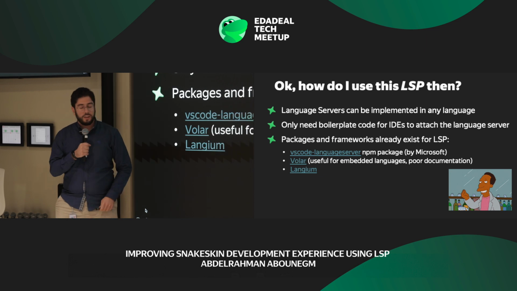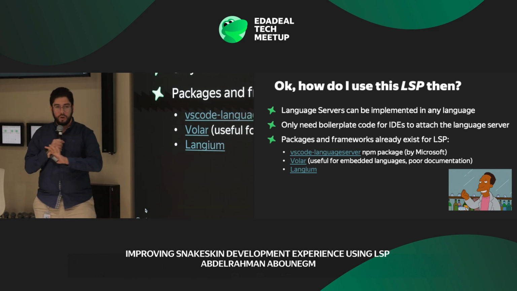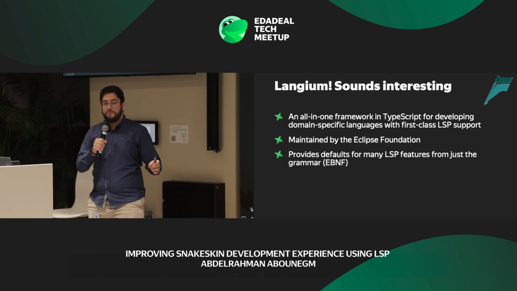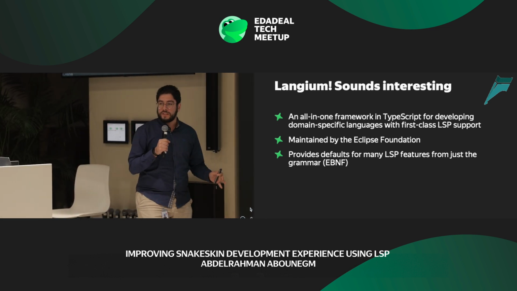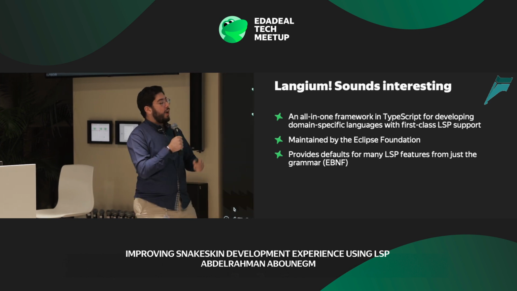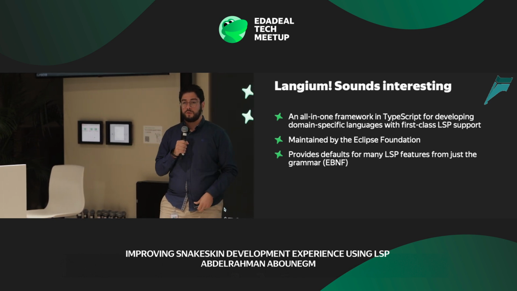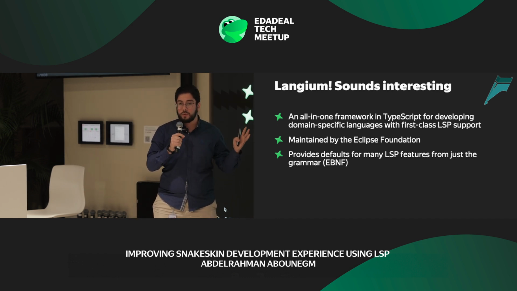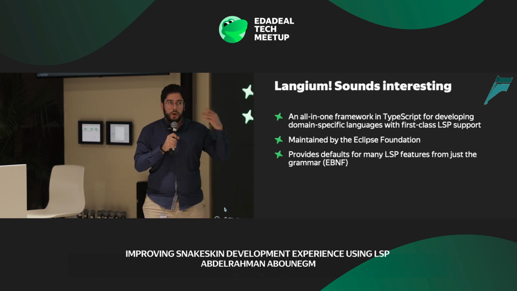Then I found Langium, which was just the tool we needed. Langium is an all-in-one framework for developing your domain-specific languages in TypeScript. And it has first-class support for LSP, which also means that it's a tool for engineering languages in general, even outside LSP.